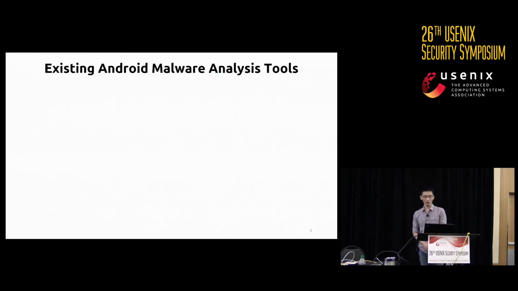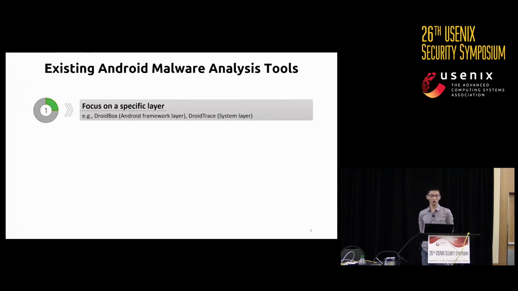Currently, various Android malware analysis tools have been proposed. Most of them are implemented with the following patterns. First, most of them focus on monitoring the sensitive behaviors in a specific layer. For example, Boxify runs in the Android framework layer.